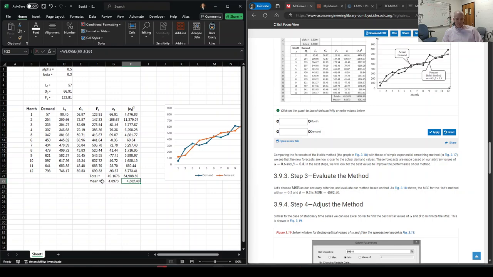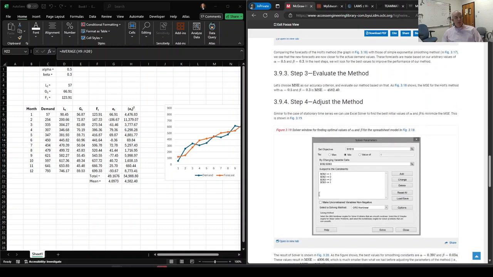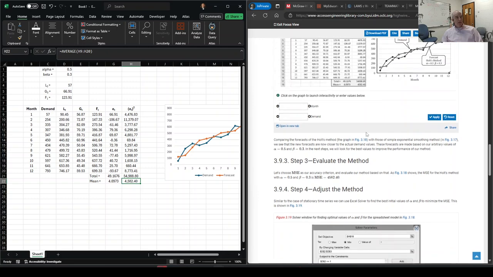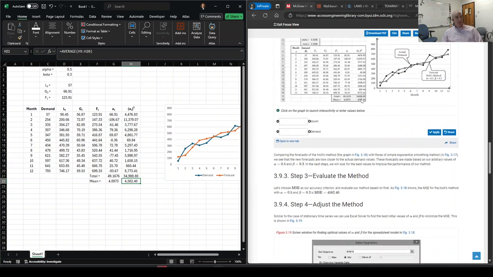Let me see if I can center that. Okay, great. So what we've done is we've calculated our mean squared error, which is 4582.40. Now we're going to use Solver to say, hey, choose alpha and beta so that we minimize our mean squared error.